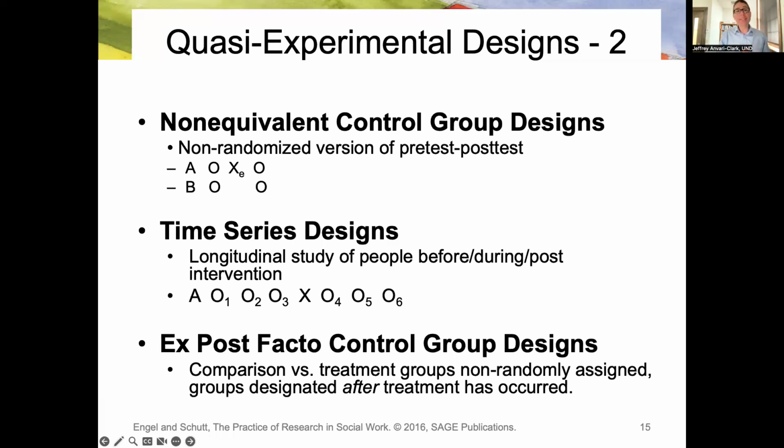There's also then the time series. And so this can be looking at a longitudinal design. So maybe we just look at everybody. We only have one group, but we look at differences that they then experience over time. And so if we've got the willingness of the people to be in it for the long haul, we take multiple observations to see how they do on their own, and then we introduce a treatment and then continue to observe.